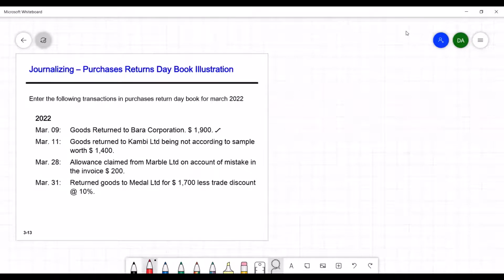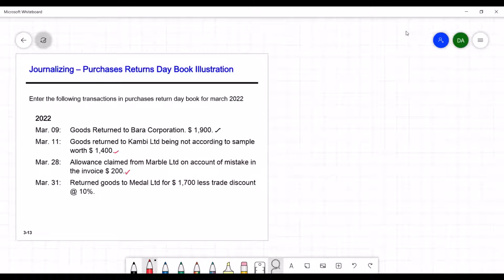On 11th March, goods returned to Cambi Limited, being not according to sample, worth $1,400. Allowance claimed from Marble Limited on account of mistake in invoices, $200. Return goods to Medal Limited for $1,700, less trade discount of 10%.